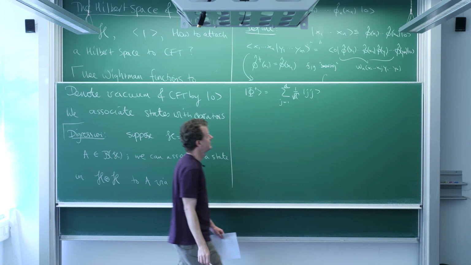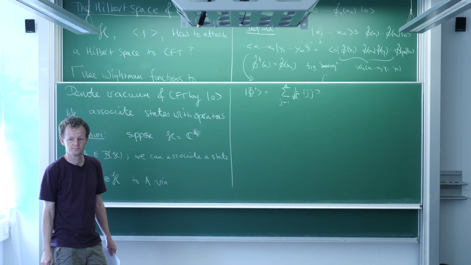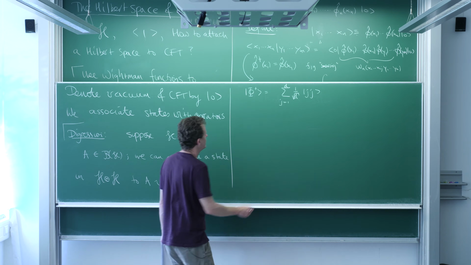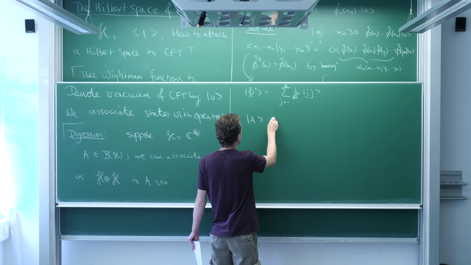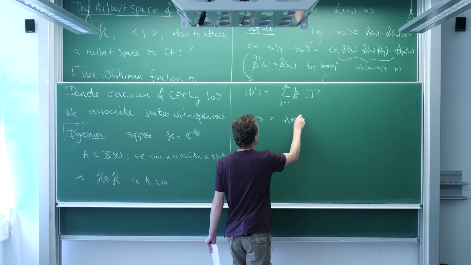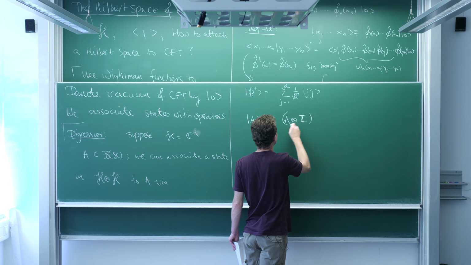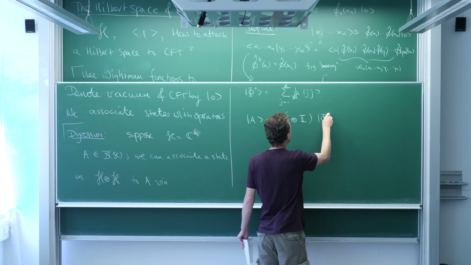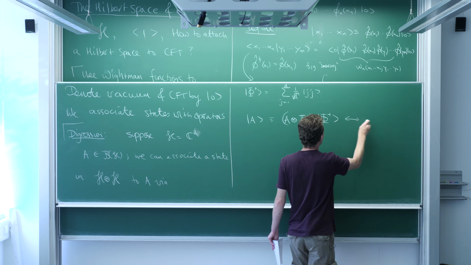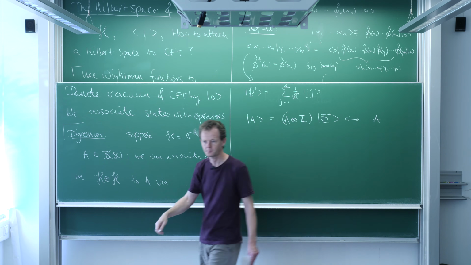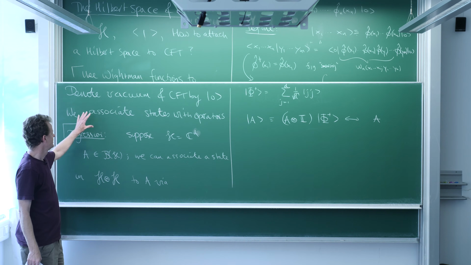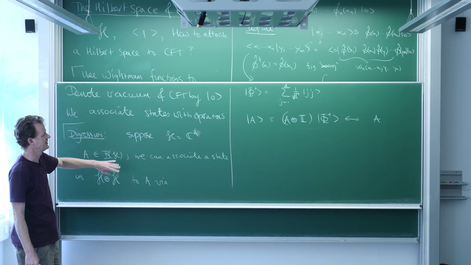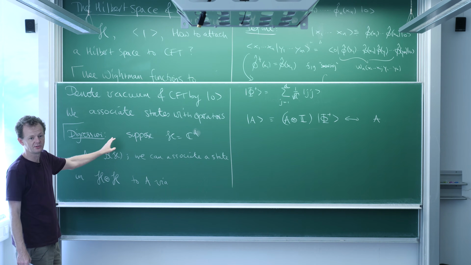We construct the following state, phi plus, and we associate with the operator A the following state |A>, defined as none other than A tensor the identity acting on this state here. So this is how we associate states with operators in quantum information theory.